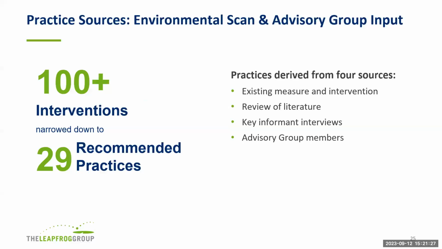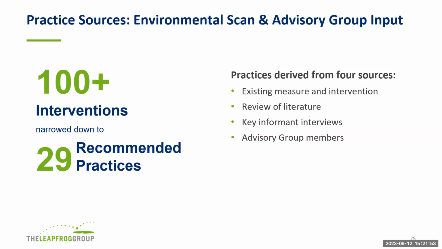So I'm going to tell you a little bit about our project so far. We started with literally hundreds of possible interventions to reduce diagnostic errors. Some of these were suggested by our own advisory group, but mostly they were drawn from a review of the literature and existing measures and strategies. As Mark said, there are any number of different proposals out there for techniques, for resources, for strategies to use to reduce diagnostic errors.